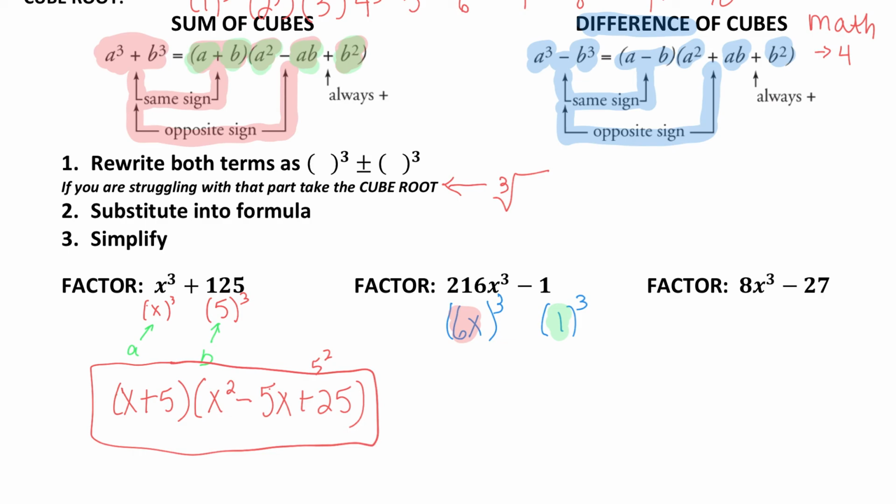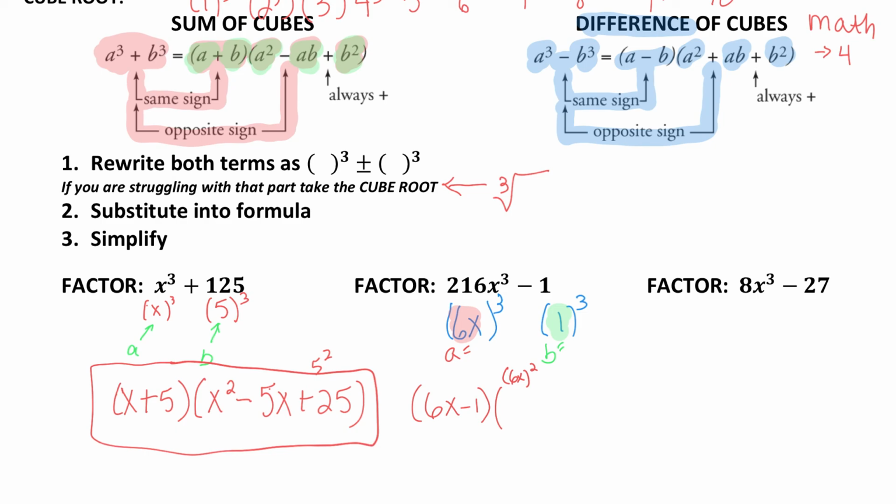Okay, so let's write that down. I'm going to put, this is my A, and this is my B. So if I look at the formula, I need to do A minus B, so that would just be 6x minus 1. Now, I have to do A squared, so that's going to be 6x squared.